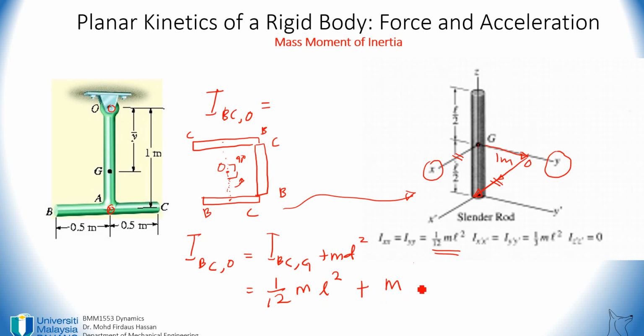This is equal to 1 over 12, M is 5 kilograms, L is the length of BC, which is 1 meter, plus 5 times D square, where D is the distance from here to here, a new one, 1 meter.